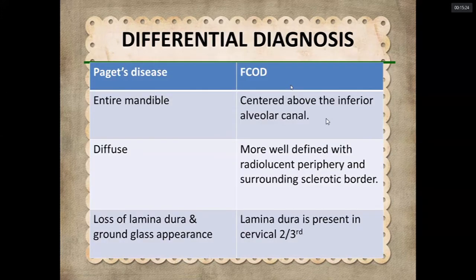The lesion is diffuse in Paget's disease, whereas in FCOD the lesion is more well defined with a radiolucent periphery and surrounding sclerotic bodies, and there is presence of lamina dura in the cervical two-thirds. So these are the differentiating features between Paget's disease and FCOD.